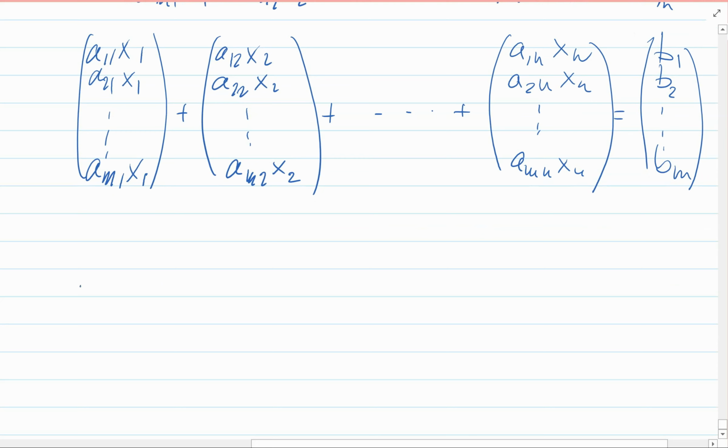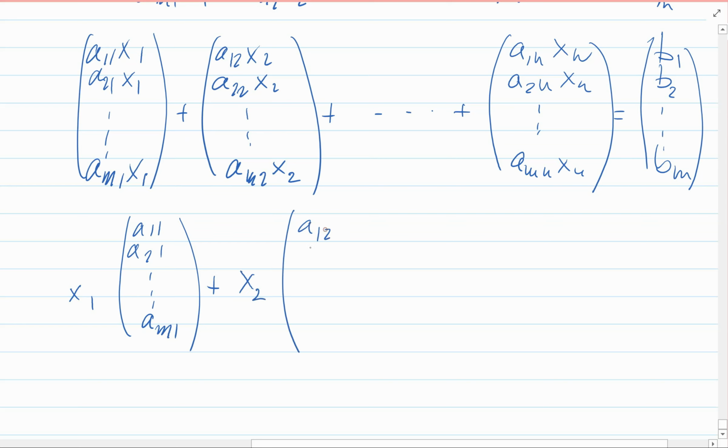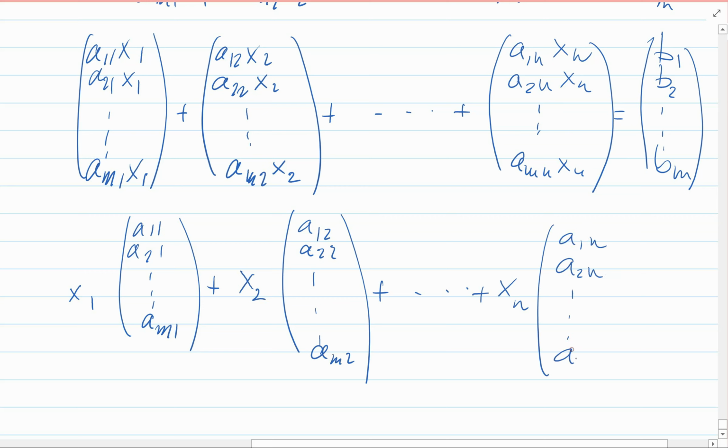So we put x1 times A11, A21, Am1, plus x2 times A12, A22, Am2, plus xn times A1n, A2n, Amn, equals B1, B2, Bm.